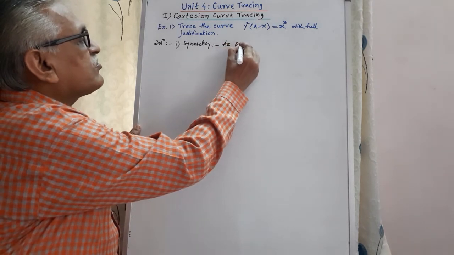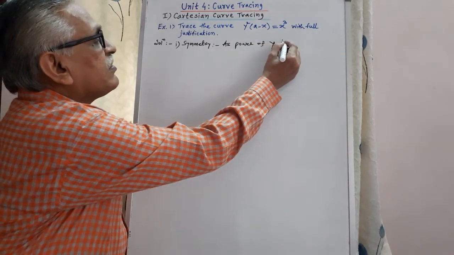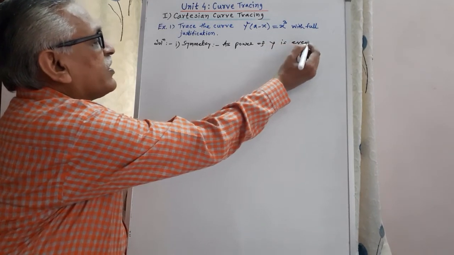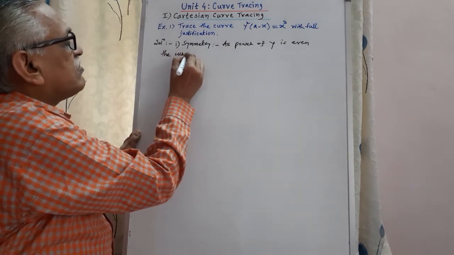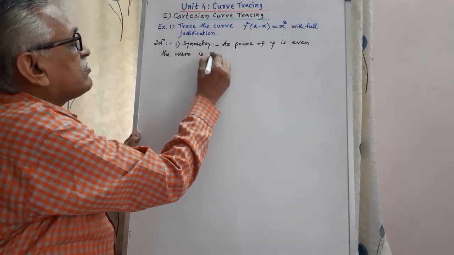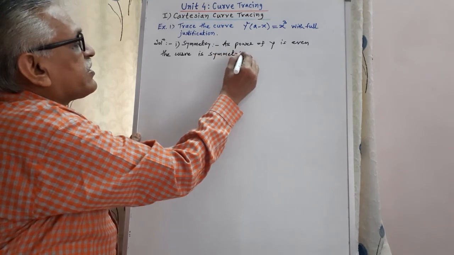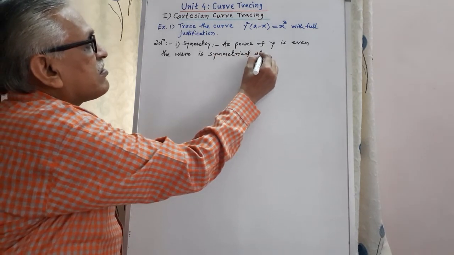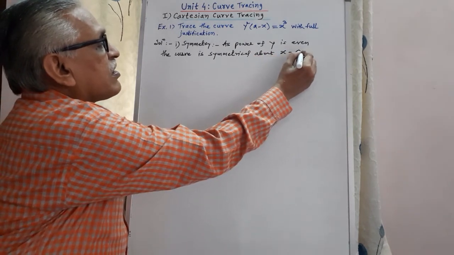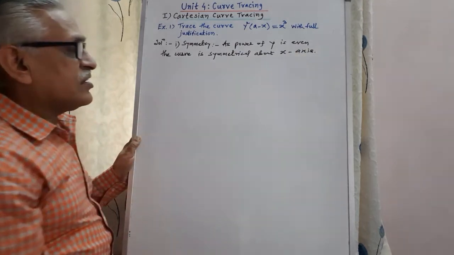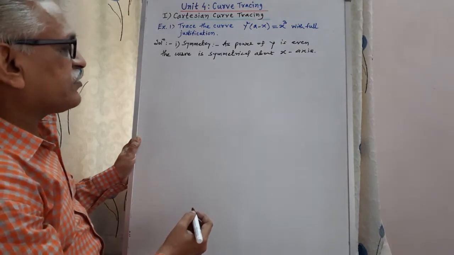As power of y is even, therefore the curve is symmetrical about x-axis. Means whatever the curve we have to draw, it is symmetrical to x-axis.